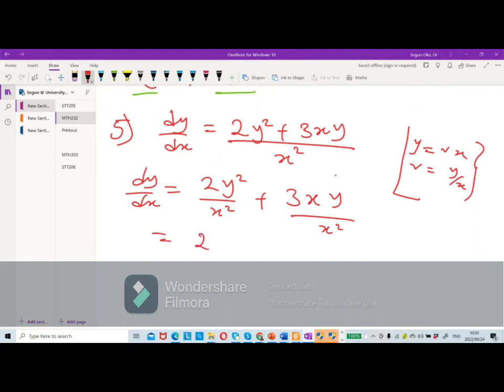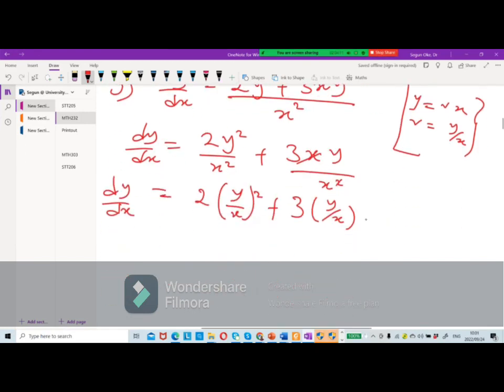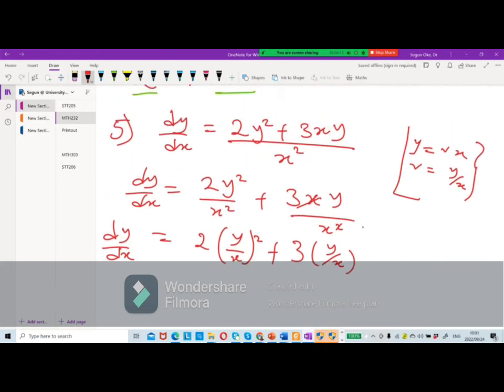So that's why you see 2 into y over x all squared plus 3 into y over x, because one x will have cancelled out here. And don't forget the y dx. Charles, do you get this method now? Yes. That is your target. What you want to use to substitute. If you can derive it from your equation, it's fine.